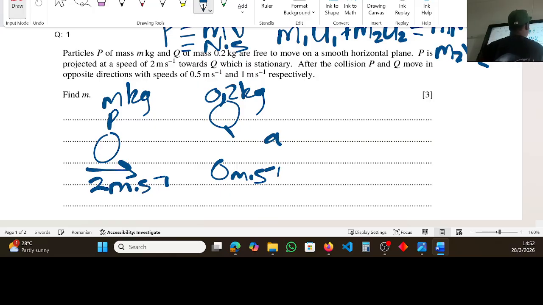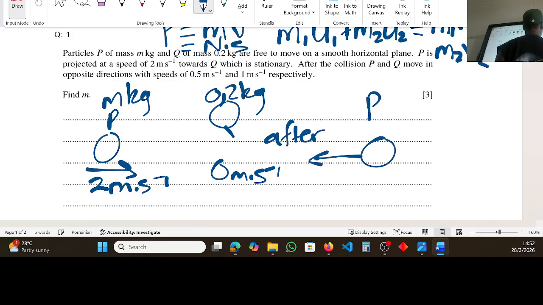Then after the collision, definitely they are going to collide. After the collision, P and Q move in opposite directions with speeds. It looks like P bounces back, so we have P going in the opposite direction. So it's now going backwards with an unknown speed.